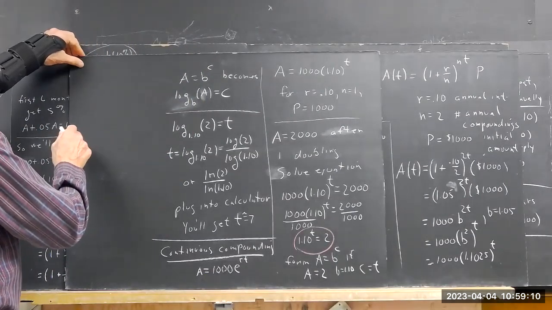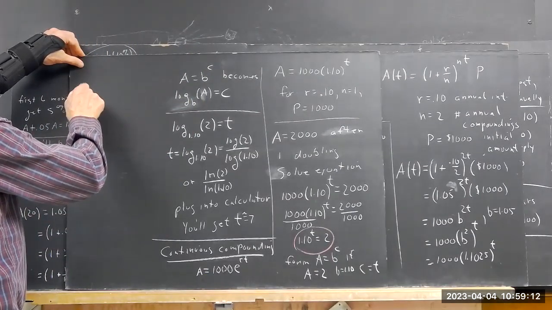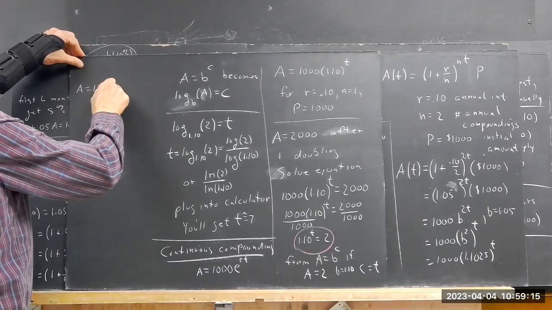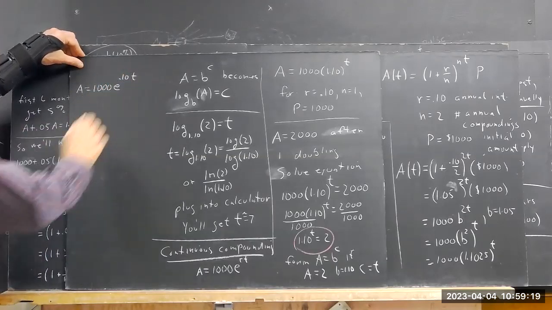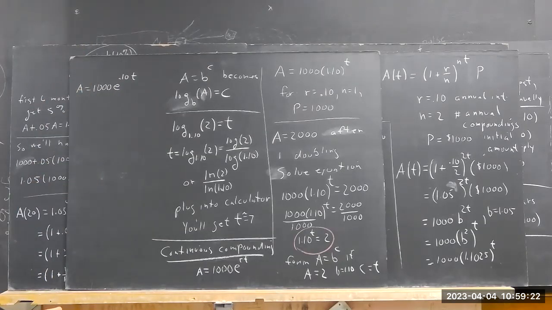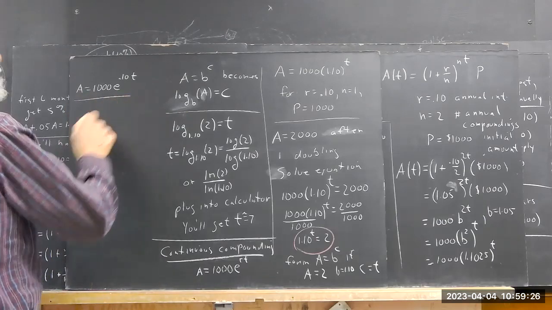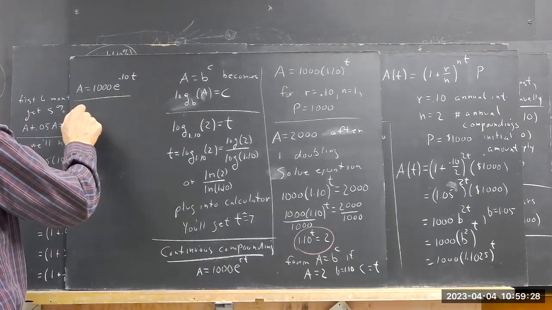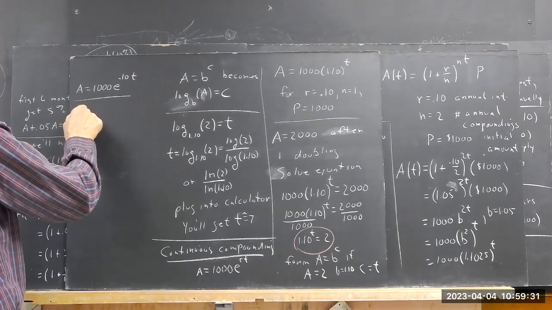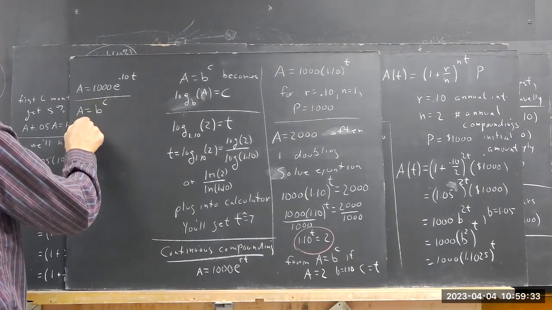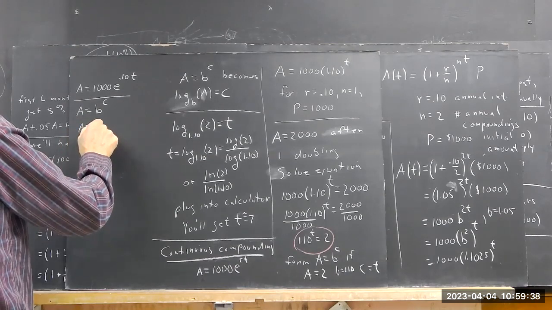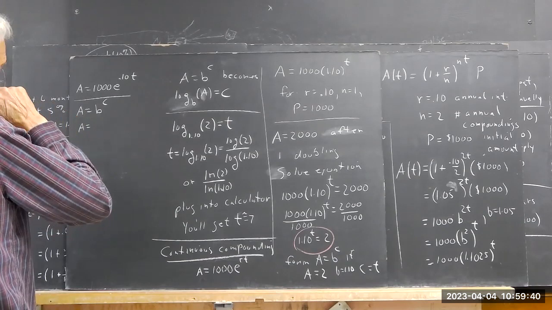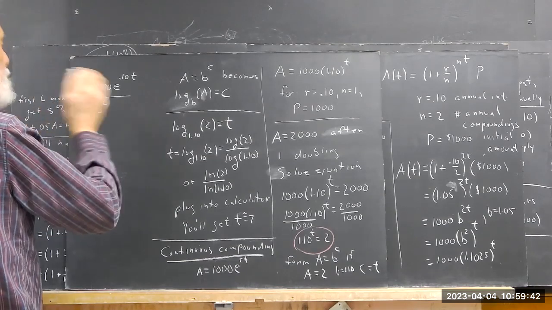So you have A equals 1,000 e to the 0.10t. You would apply the same rule. Then you would get, depending on what A should be.